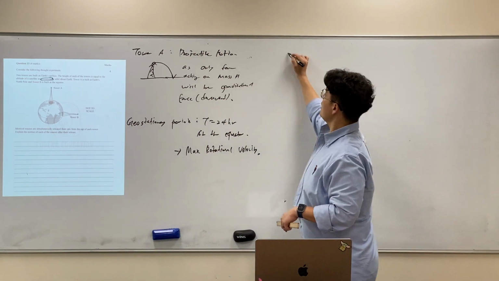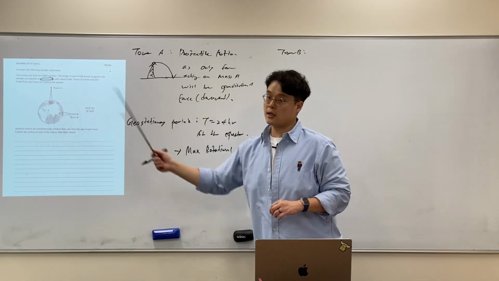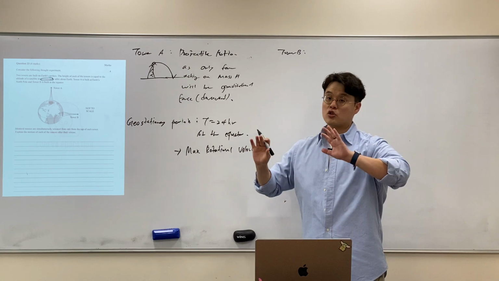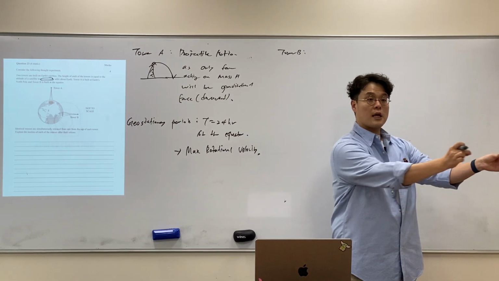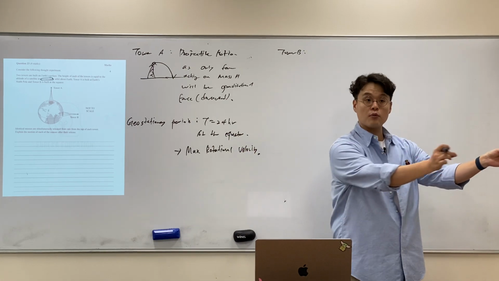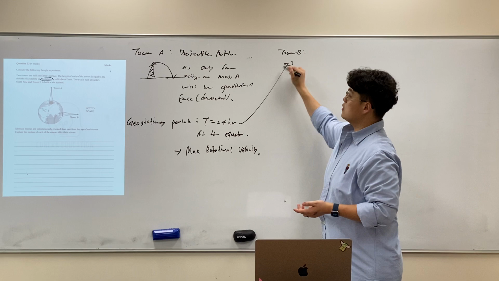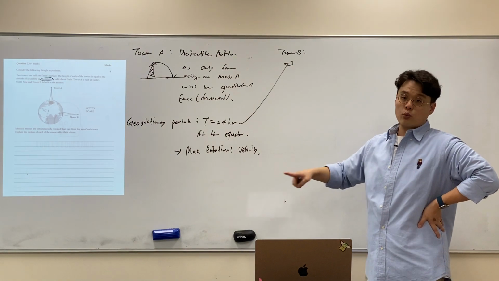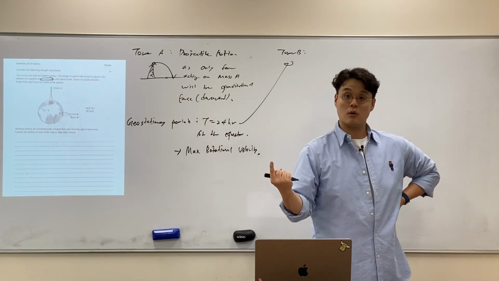What about Tower B? Tower B is the one at the equator. When you drop a ball at the equator, it will start gaining the rotational velocity, the same rotational velocity as the Earth. So we can use this property of the geostationary orbit here. The mass will be rotating around the Earth in the same period as the Earth too.